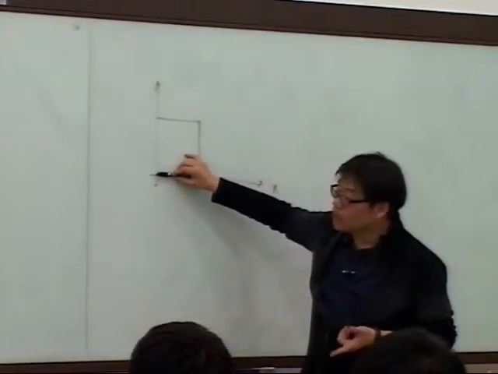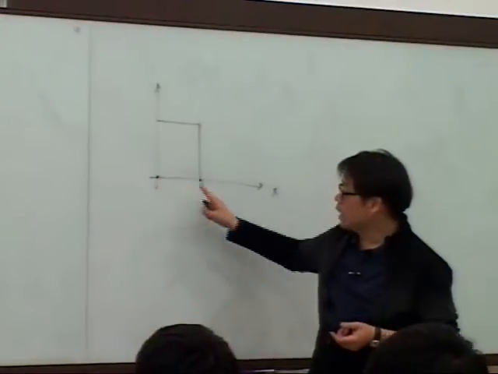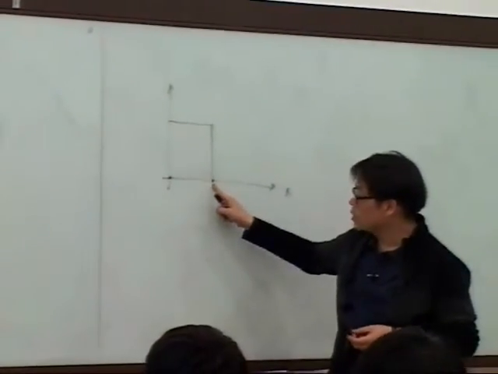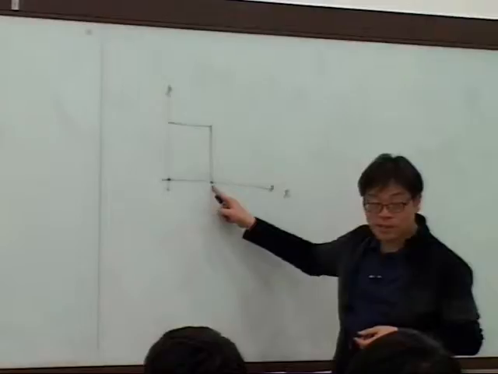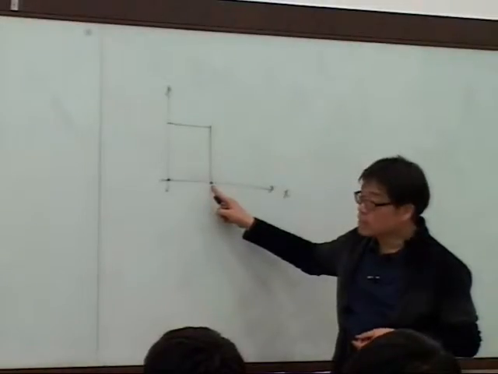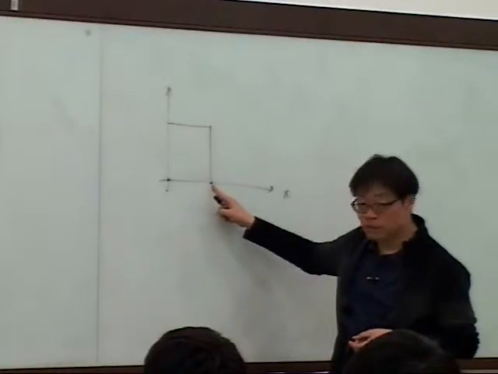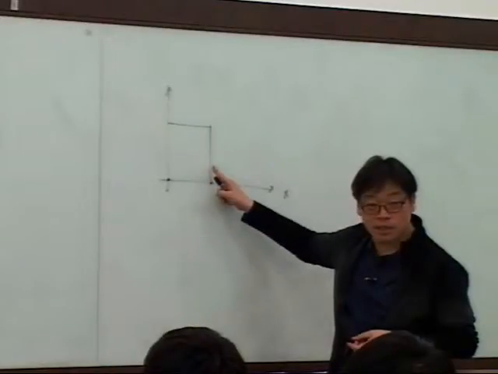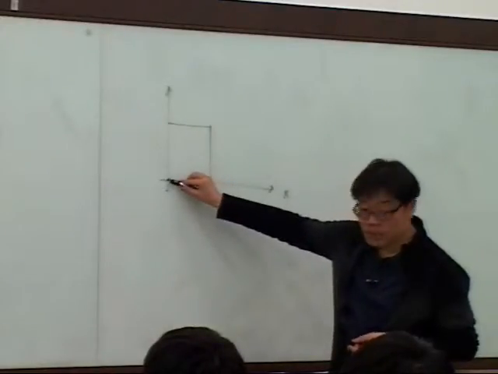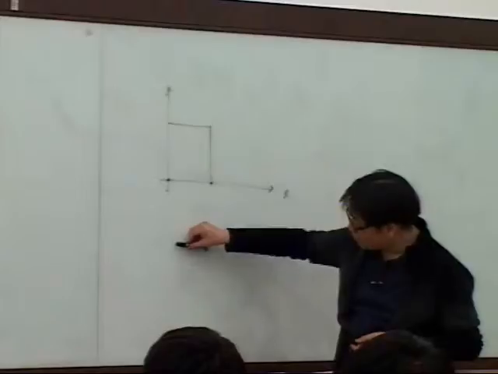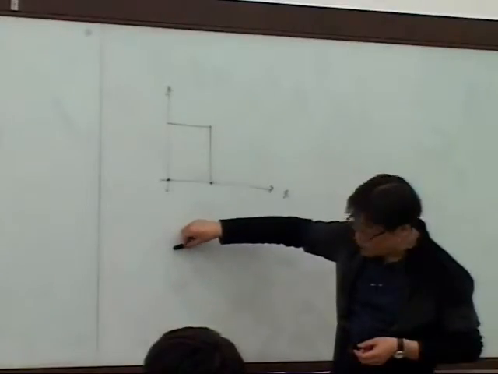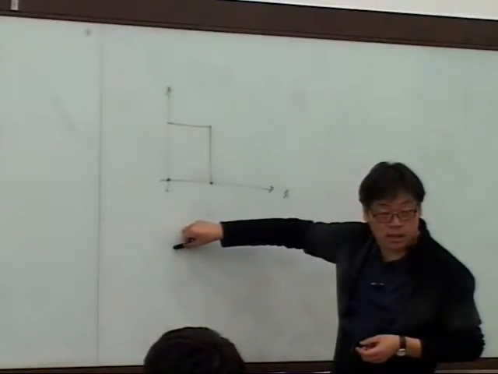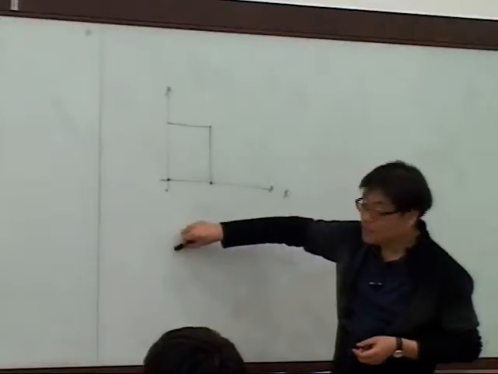On the other hand, for the v component, if I look at these two points, which one is moving faster? X is larger for this particle, so this one moves faster than that one. So what happens is, this one will move like this. Make sense?